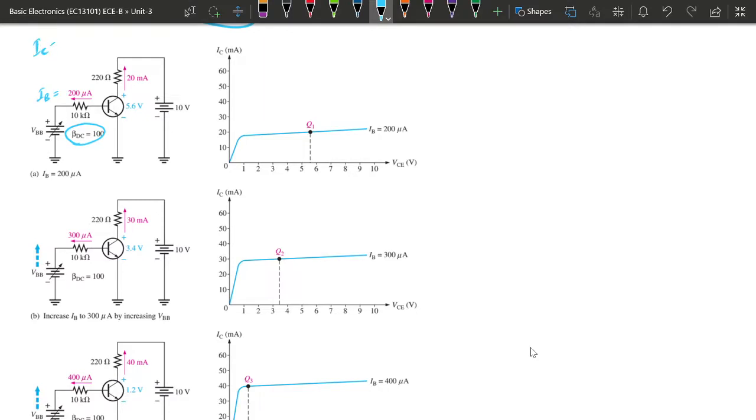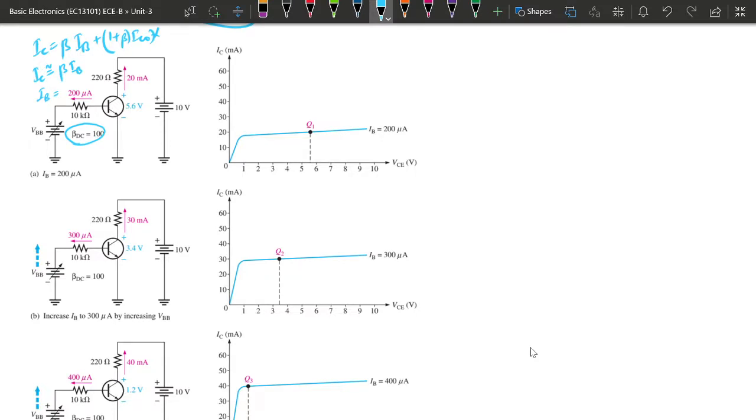So IC will be beta times IB plus 1 plus beta ICO, but ICO is very small, so this value is neglected, so IC is equal to beta times IB. So 200 microampere multiplied by 100 we will be getting 20 milliampere. So IC will be 20 milliampere.